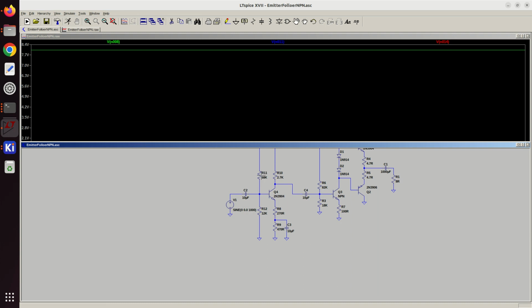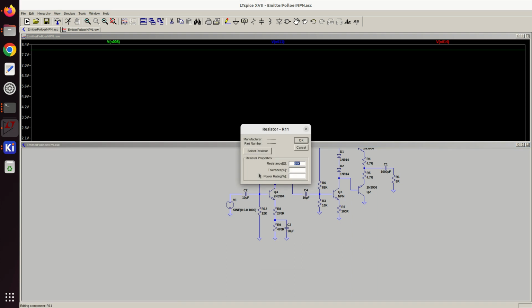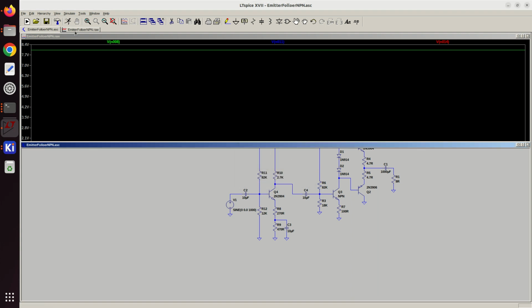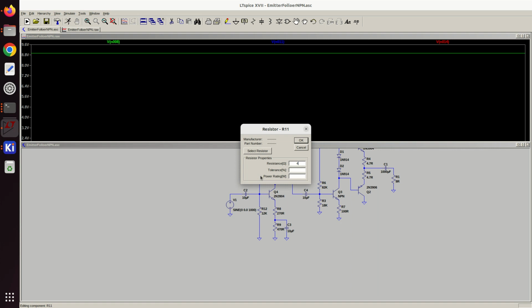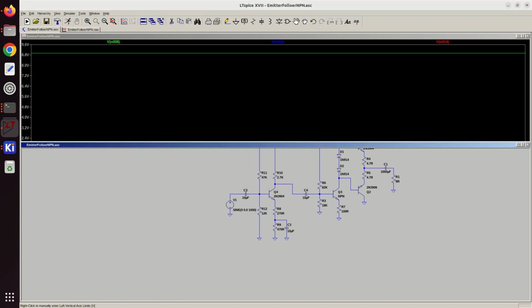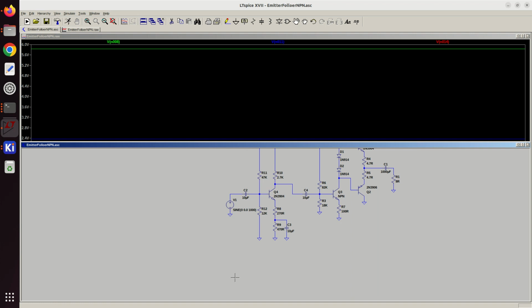So that's 68K. I'm getting confused now. Okay, so we're at almost 8 volts, and I wanted to go down. Let me just make sure. Yeah, I've gone the wrong way. So I think I'm at 47 for now. So let's run that. Yeah, okay, it's close enough.